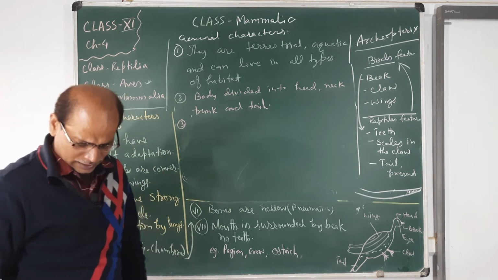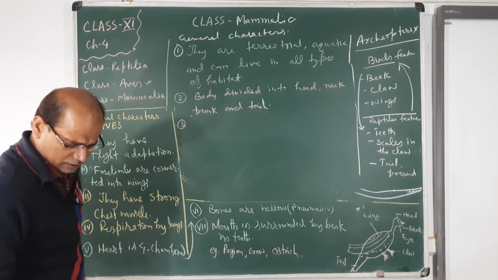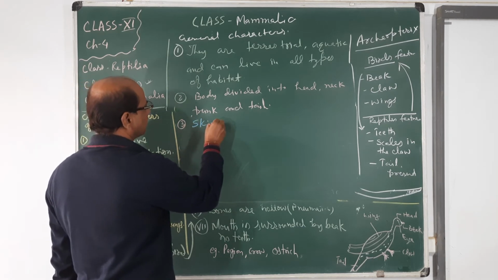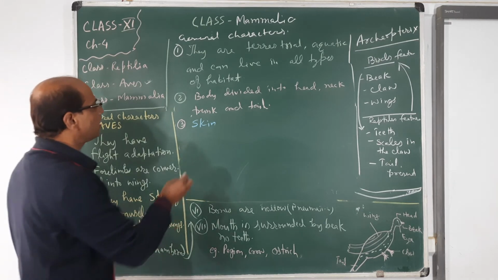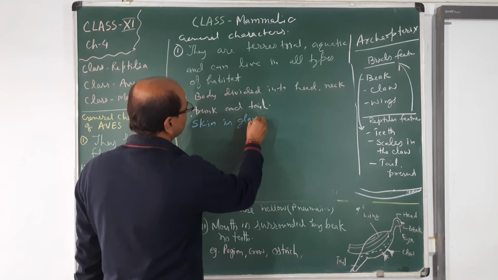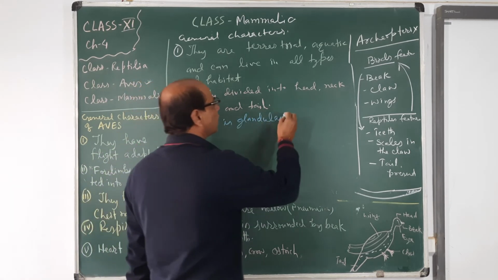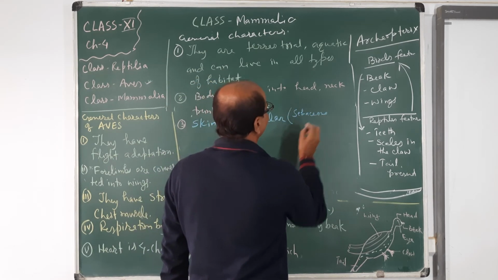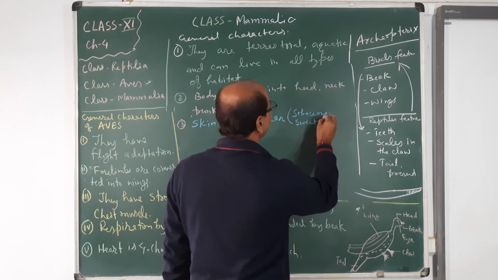Next one, the skin is glandular and mostly covered with horny epidermis, exoskeletal like hair. Skin is glandular, with sebaceous gland and sweat gland present in our body.